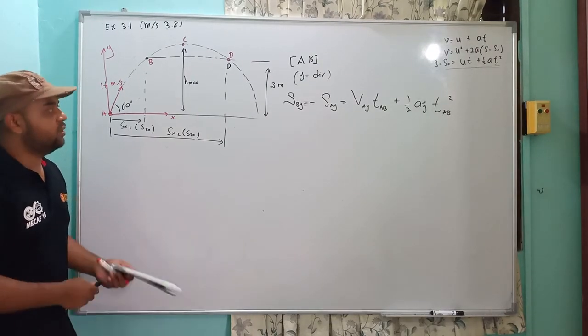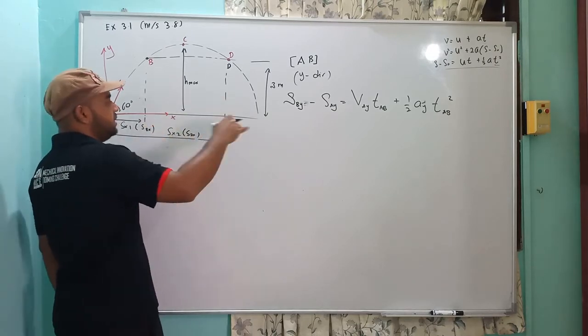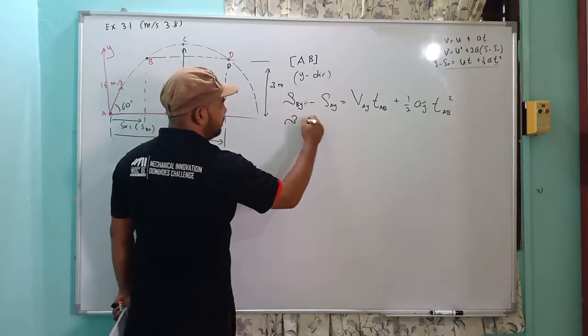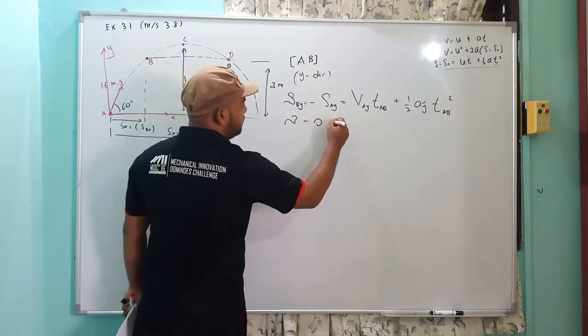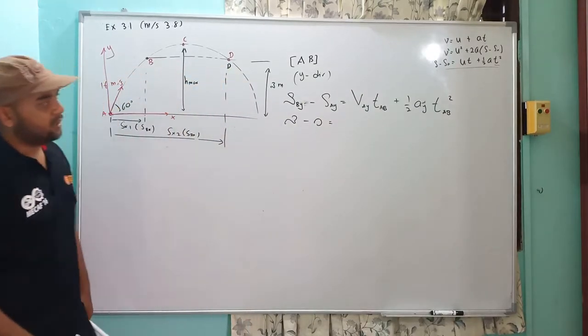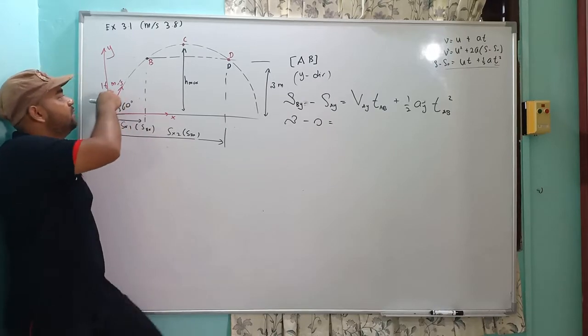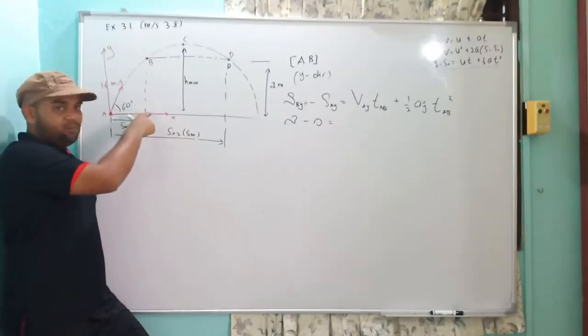And put the thing that you know, Sby. Why is Sby? It is given here. Displacement of B in y direction, which is 3 meters. So 3 minus Say, initial point 0, equal to Va in y direction. What is Va in y? Given here V is 16, so you can resolve this one into x and y.